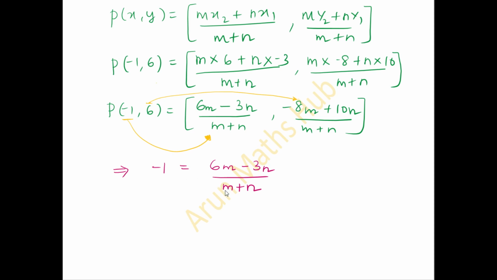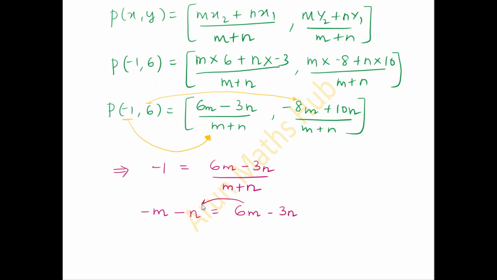Now cross multiply. M into minus 1 is minus m, plus into minus minus, n into 1 is n, which is equal to 6m minus 3n. Now students, move all the m to LHS and n to RHS.